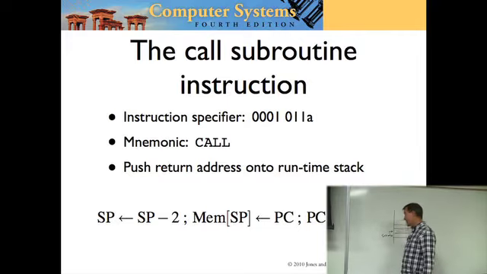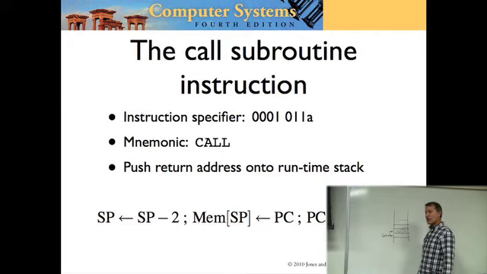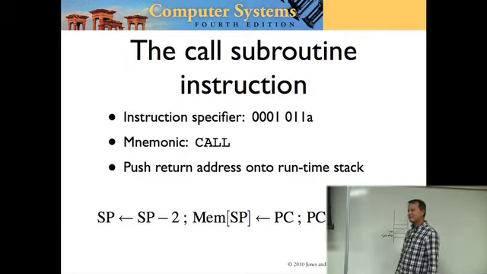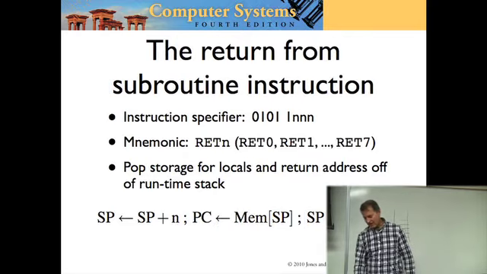Well, if there is an instruction that pushes something onto the runtime stack, there must also be an instruction that pops it off the runtime stack, assumes that the stack pointer is pointing to a return address, and does the opposite. So what do you suppose that one's called? Return. RET. Now, here's the thing about RET.